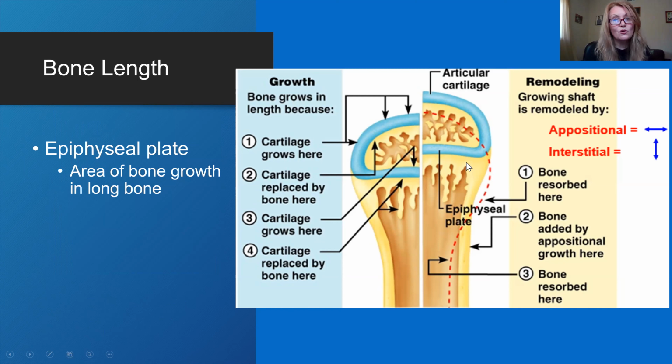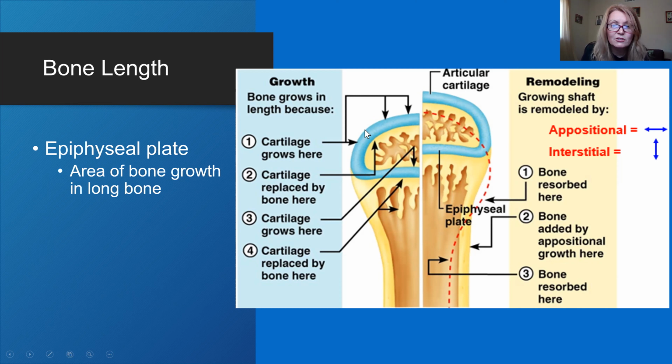So your bones can grow longer, and when they grow longer, we call it interstitial growth. And we can have this interstitial growth until the epiphyseal plate is gone. When the epiphyseal plate is gone, all this cartilage has become bone. We have a line instead of a plate, and then bones cannot grow longer anymore. Right, so the epiphyseal plate is the area of bone growth in long bones.